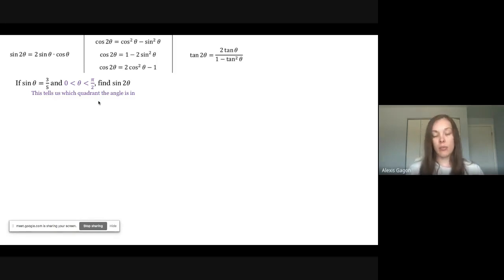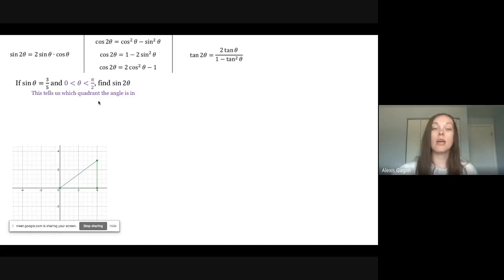If we think about a coordinate plane, 0 to pi halves is the first quadrant. So that means that this is in the first quadrant. And you can draw any triangle. I drew mine so that they were correct sizes, but when you're doing this, you can just draw any right triangle in that first quadrant.